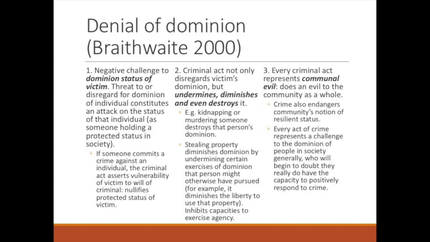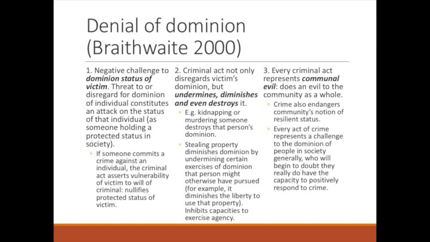So, a threat or disregard for someone's dominion is an attack on the status of that individual. For example, if someone commits a crime against an individual, the criminal act asserts the vulnerability of the victim to the will of the criminal. It nullifies the status of the victim as someone who is protected by society.